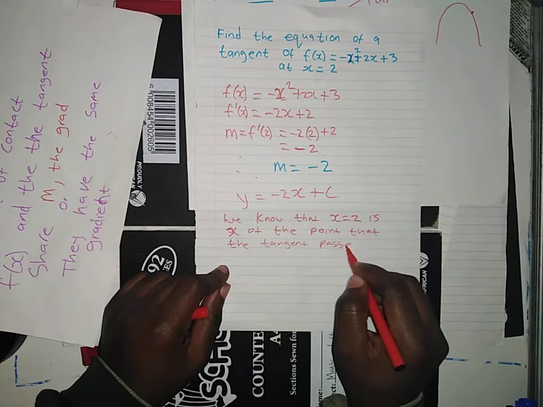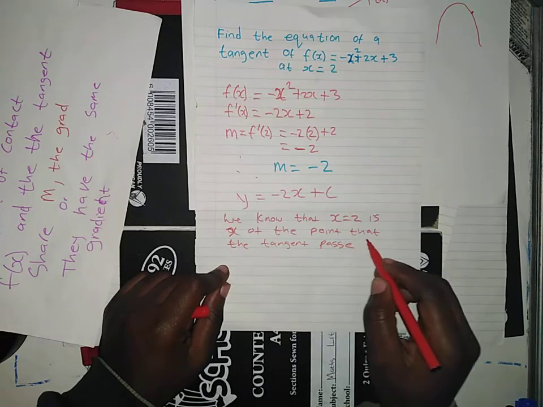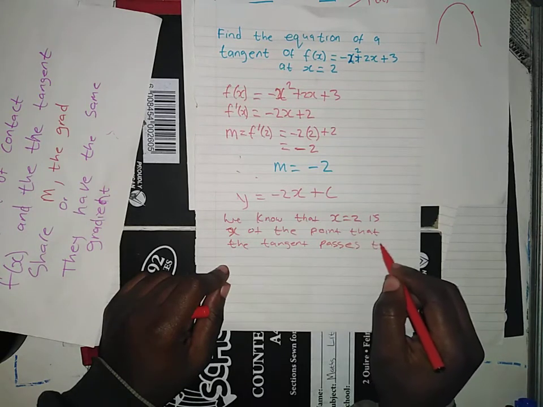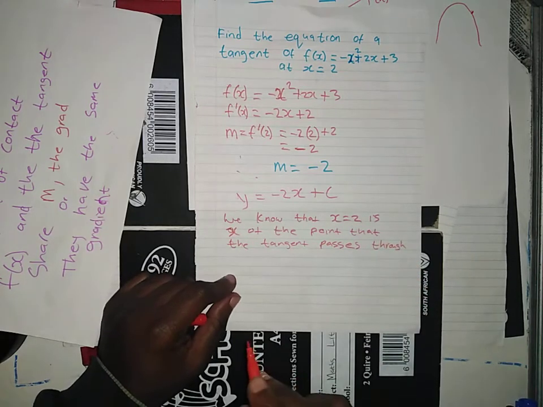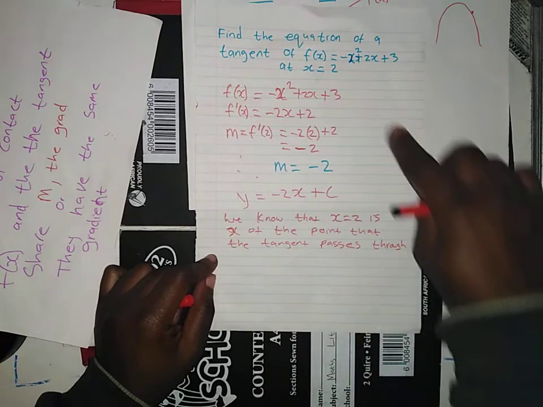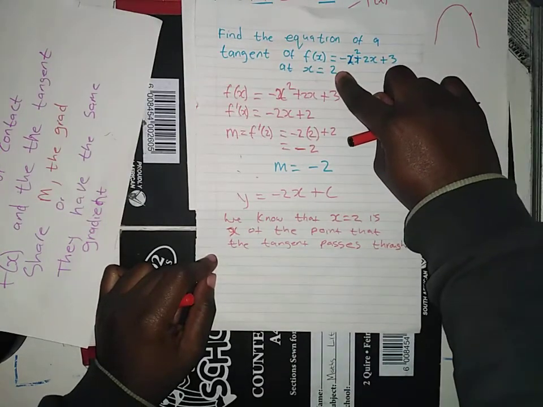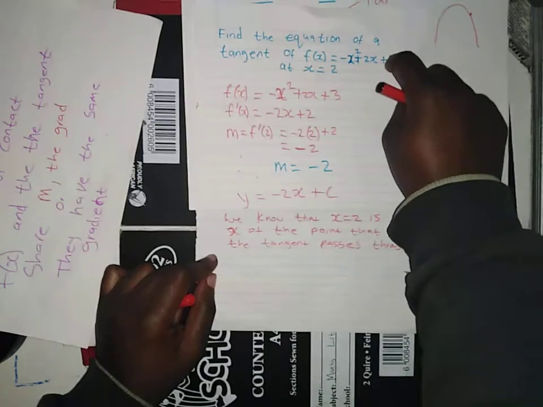You don't have to write this, I'm just writing it for your information, but during the exam you don't have to. So because of that you need to find the y value of it. You must take this x and substitute it into this equation.